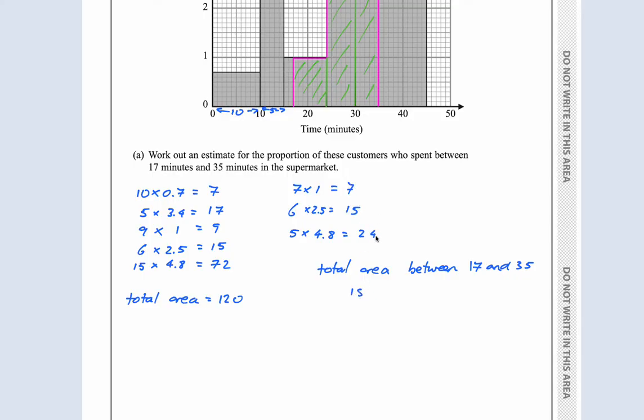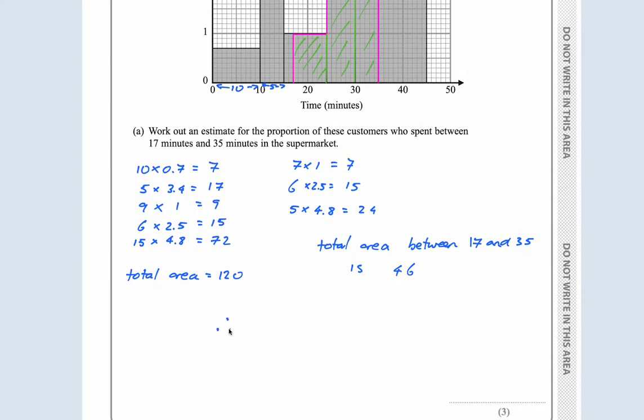That would be 24, 34, 39, 46. Therefore, the proportion is 46 over 120.